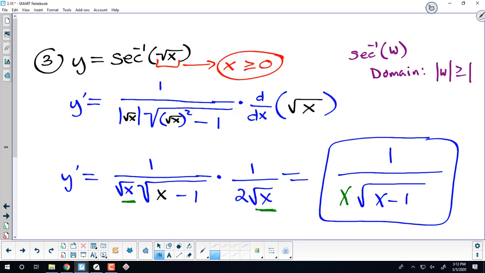What we're inputting here for w is the square root of x. So in order to determine the domain of the inverse secant of the square root of x, I have to determine when the absolute value of the square root of x is larger than or equal to 1, or when the square root of x is larger than or equal to 1. So just be mindful of that. This is not the domain of the entire function, just for the square root.